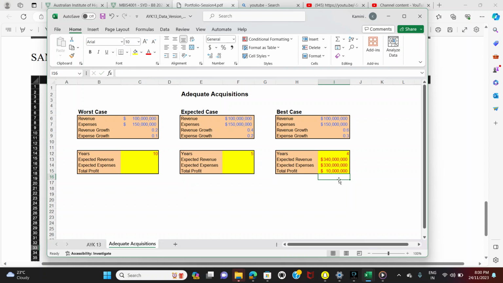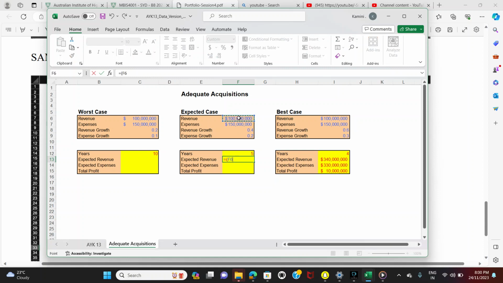There's only $10,000 total profit. If we calculate the expected revenue here for the 5 years, we can put the formula here.